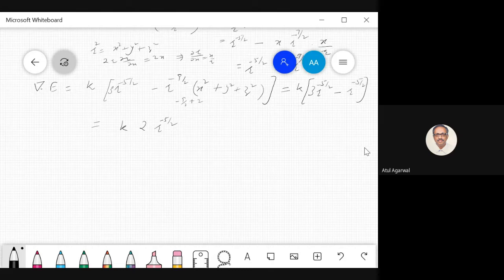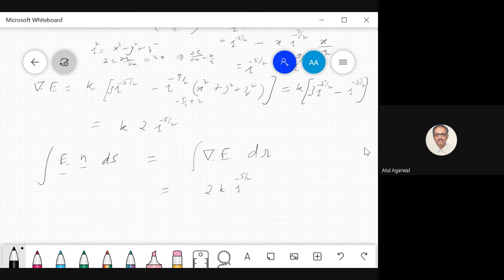So what we expected: the integral of E dot n dS is equal to the divergence of E integrated over the volume. This divergence term was 2K r to the minus 5 by 2.